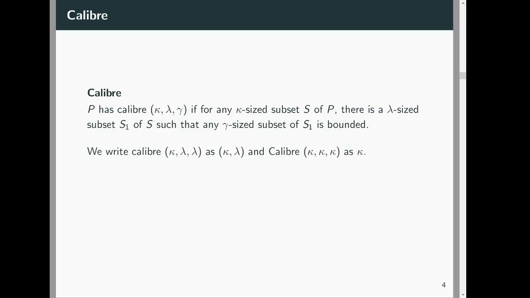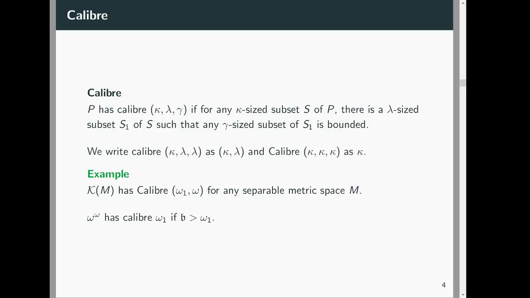And what we are interested in is that any separable metric space has caliber (omega 1, omega 1, omega), which means for every uncountable subset of K(M), we can find an uncountable subset of which every countable subset is bounded above. So that's all we need actually.